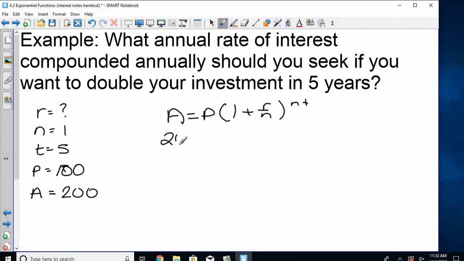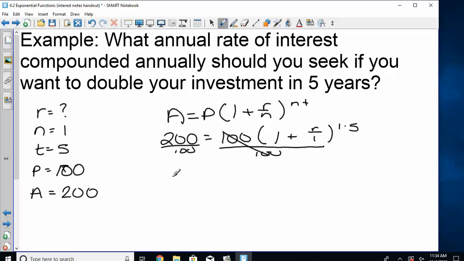So now if we plug in, my A is 200 equals P, which is 100, times 1 plus R over N, which is 1, to the N times T, so 1 times 5 power. We simplify. Divide by my 100, so I get 2 equals 1 plus R to the 5th.